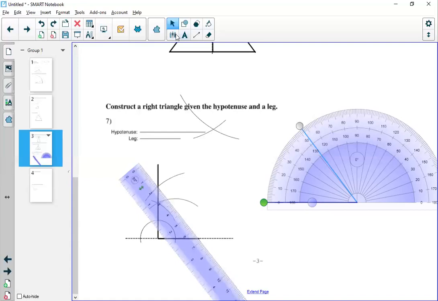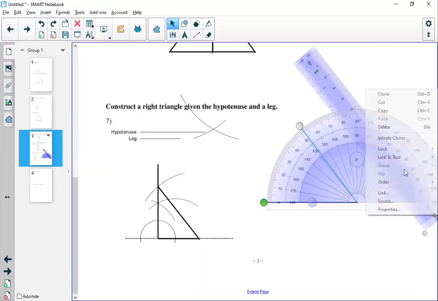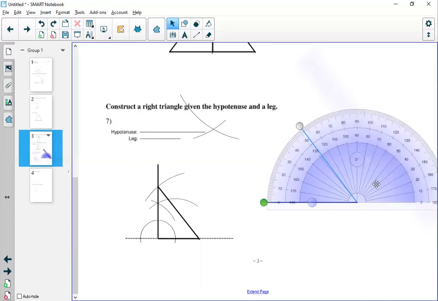Now draw a straight line to join these 2 points. And there we go. We have our right angle triangle constructed correctly. I hope you found this to be fun and interesting. So we've done our construction, and this is very easy and very interesting.